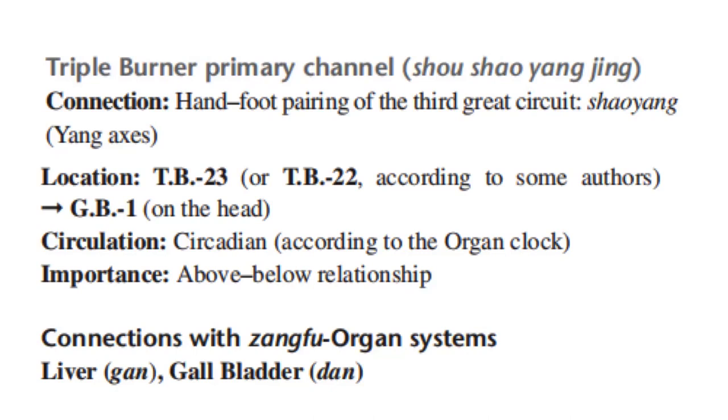It follows the circulation of the circadian cycle, which is according to the organ clock. Its importance: this relationship shows the above and below relationship. For other connections with other Zang-Fu organ systems, it is connected with the liver and the gallbladder organ.